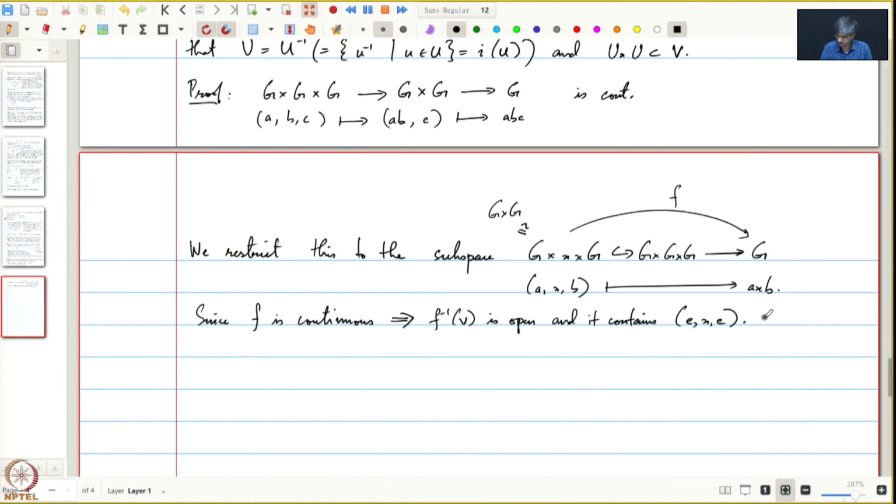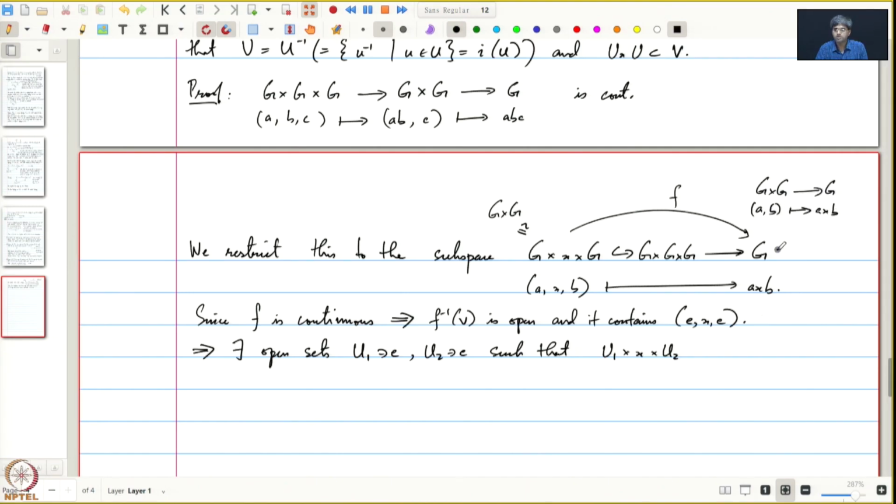So this implies that there exist open sets U1 containing identity and U2 containing identity such that U1 cross X cross U2 is contained in F inverse V. This X is really playing no role over here, right? So we could have simply considered the map G cross G to G given by A comma B maps to AXB, right? And once we prove that this map is continuous, we can do this entire argument.